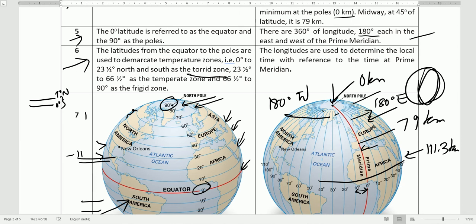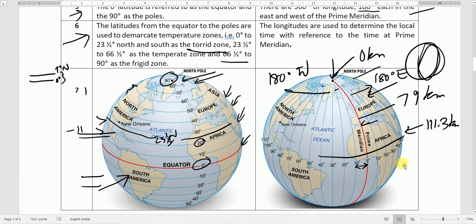Between 23 and a half degrees to 66 and a half degrees is the temperate zone, and from 66 and a half degrees to 90 degrees is the frigid zone. Let us say this is 23 and a half degrees north, and this line is known as the Tropic of Cancer.